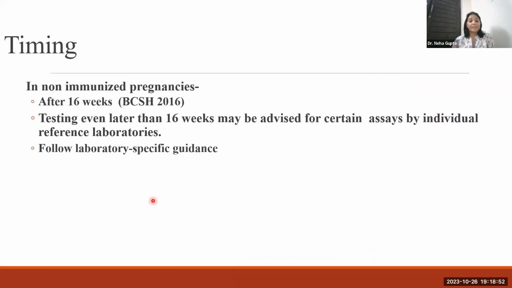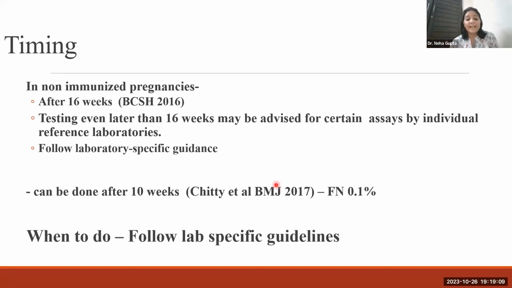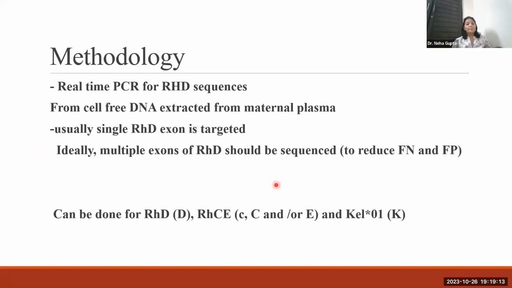What is the timing? The guidelines say after 16 weeks, but exactly, we have to follow what the lab-specific guidance is. It can be done after 10 weeks. False negative is usually less than 0.1%. So when to do it, you need to follow the lab-specific guidelines. The methodology is that cell-free DNA is extracted from the maternal plasma and real-time PCR for RhD sequences is done.